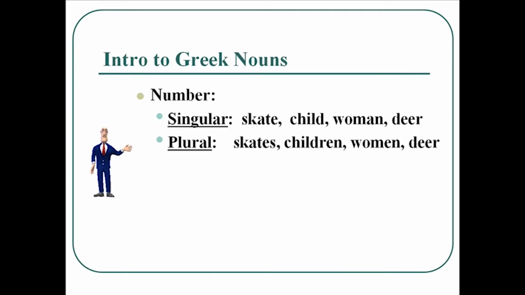Normally we form the plural by adding an S to the word, like skate becoming skates. But then notice child becomes children, totally different ending, and then woman becomes women, with an infixed E, changing it to a plural. And then some words like deer and the plural being deer, there's no change at all. So English is actually fairly confusing. Greek, on the other hand, will be fairly clear with the endings of the plural.